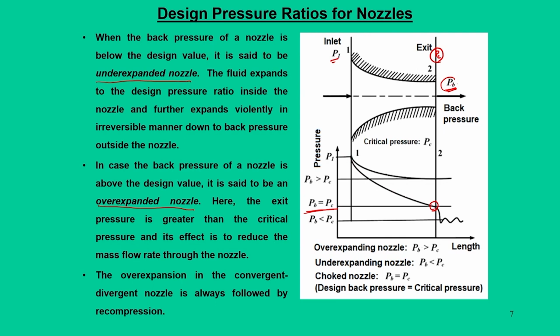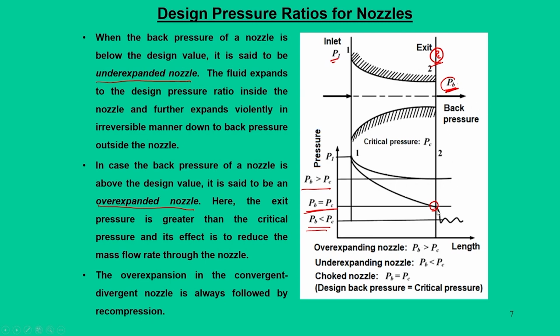The pressure will drop along this length of the nozzle till it reaches PC. Now, let us see if your exit condition is not at PB. It can be greater than PC, or PB can be less than PC. When PB is less than PC, we call this an under expanded nozzle, which means the flow has already expanded to this point 2, but beyond that the flow sees that the pressure is below the exit pressure.